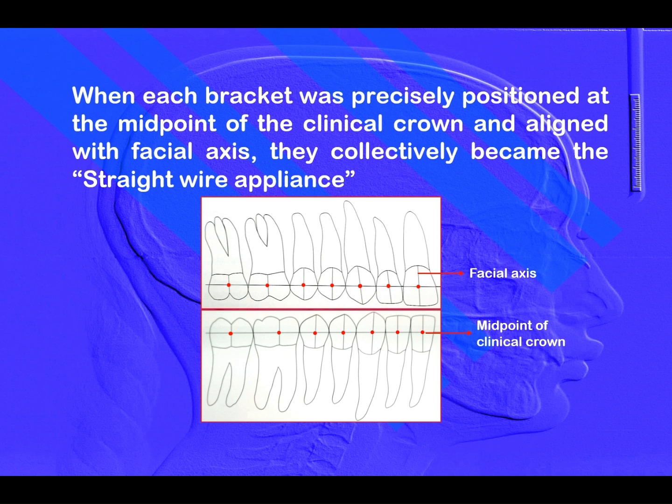In 1972, Andrews introduced the straight wire appliance. According to Andrews, when each bracket was precisely positioned at the midpoint of the clinical crown and aligned with the facial axis, they collectively became the straight wire appliance. That means a plain full-size arch wire can be entirely engaged in all bracket slots without any bend.